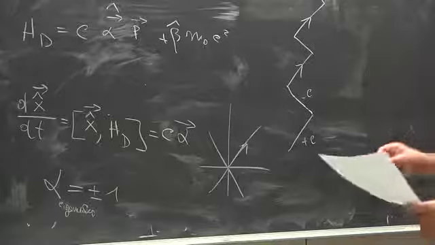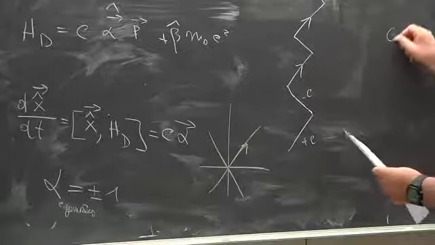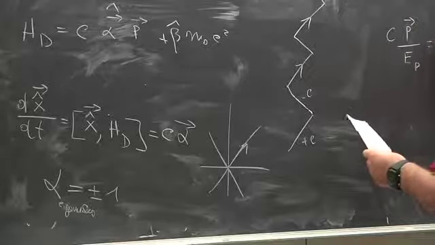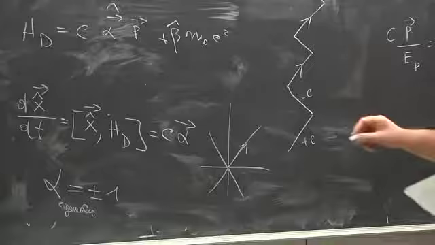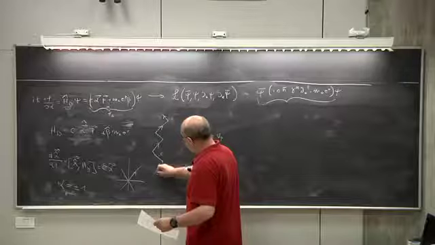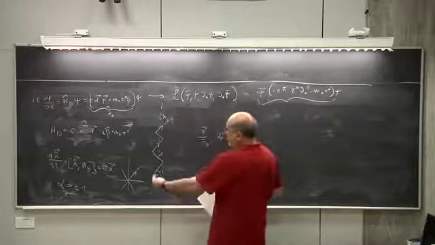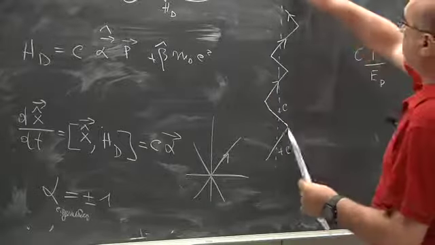Actually, if you do relativistic mechanics, you know that the velocity is c²p over E. This is the velocity of the particle, and this is not c. So this is the true velocity.